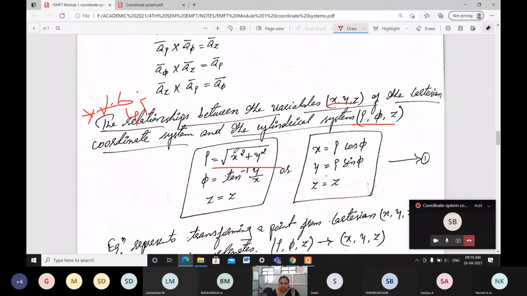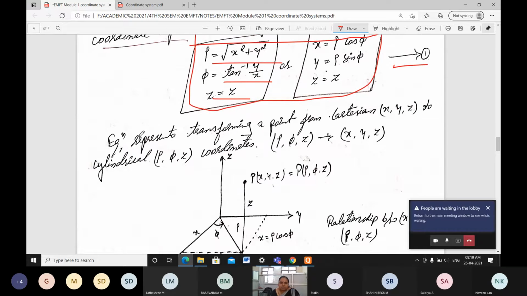That is the magnitude part, then in terms of angle, and z is equal to z only. In terms of rho, phi, z to the Cartesian coordinate system, x is rho cos phi, y is rho sin phi, then z is z only. Take this as equation 1. You have to remember these equations.